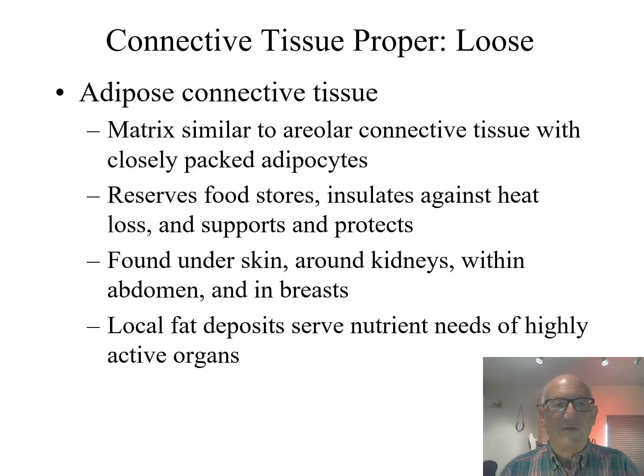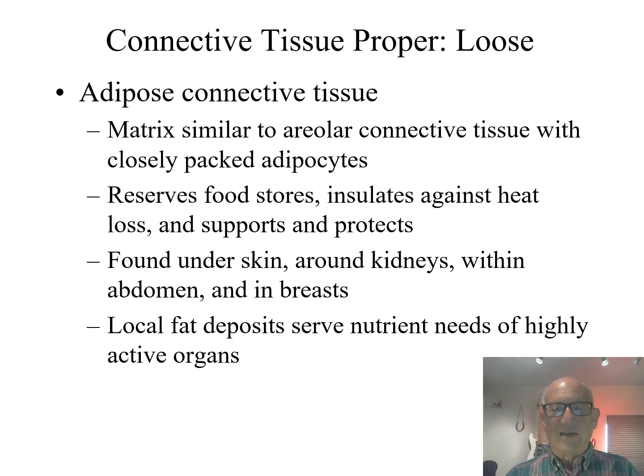The next kind of loose connective tissue is adipose connective tissue, commonly known as fat tissue. The matrix is similar to areolar connective tissue with closely packed adipocytes. Adipocytes are the fat cells. They serve as reserves for food stores. In other words, they store energy in the form of fat.